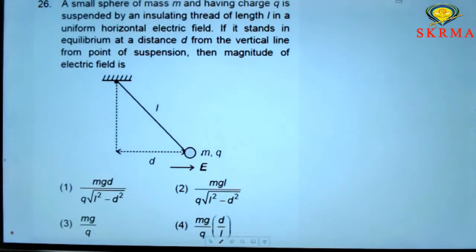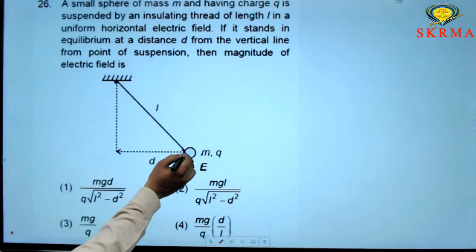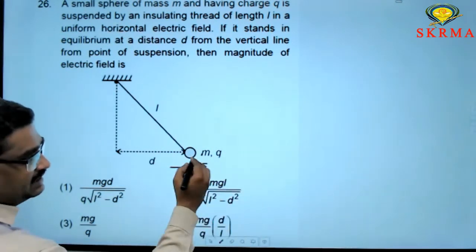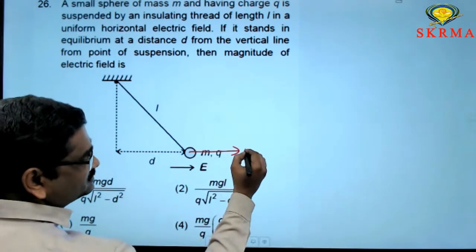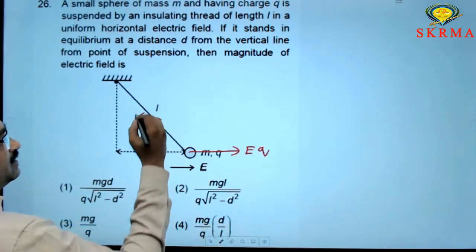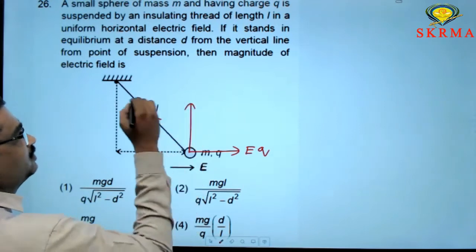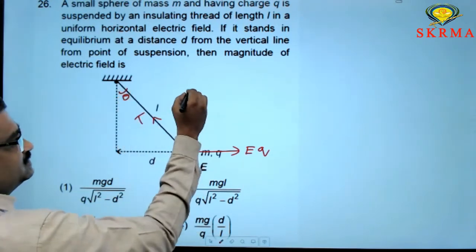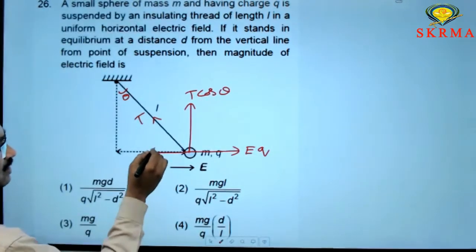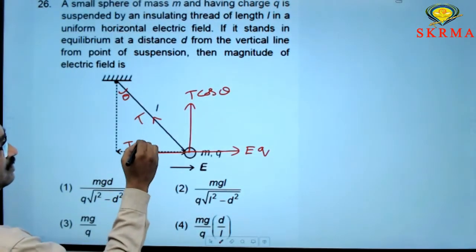Next one, a small sphere of mass m hanging in a uniform electric field as shown in the diagram. Now he is asking about the magnitude of the electric field. So if the electric field is like this, then the electric force, that is EQ, will be like this. Tension in the string along the string. So assume that this is theta, this is T cos theta. This side equal to T sin theta.